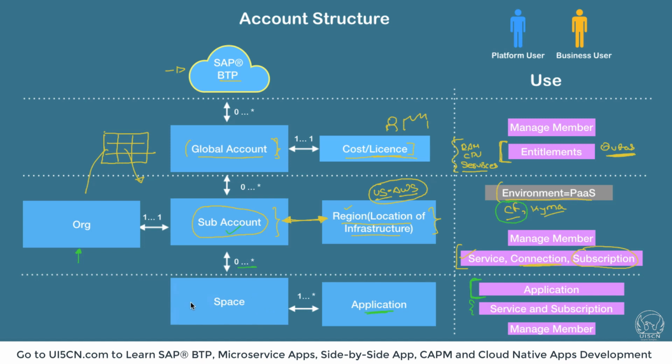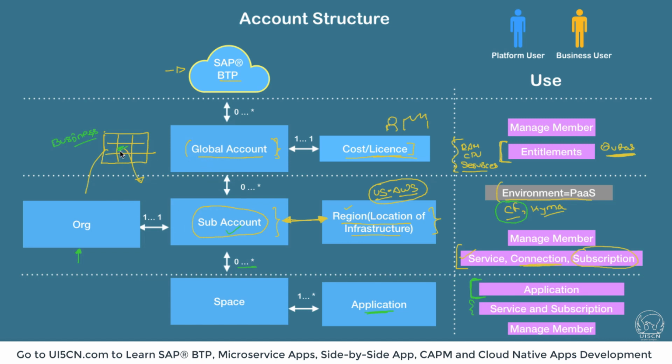So this is the overall structure, and if you see closely, the top level is basically for business administration. So your business is basically using the global account to allocate or to create the license or to charge the B2B deals or contracts, the sub-account contracts, and you will be having a fixed quota assigned, and that is basically passed down to the sub-account.